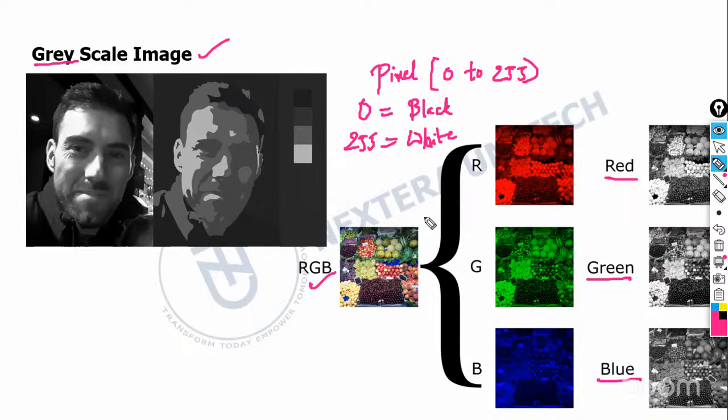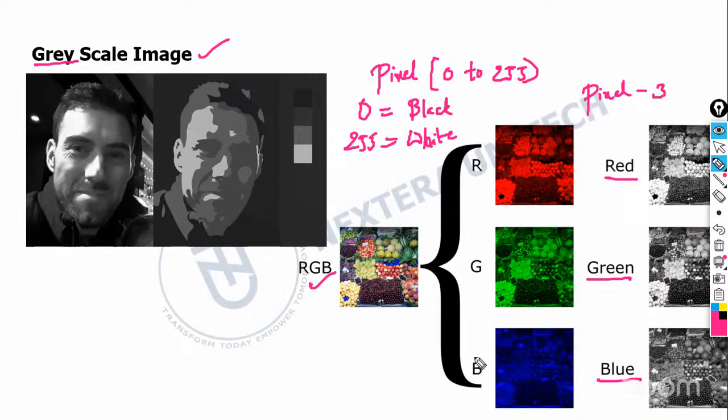Each pixel has 3 values. Within this image, you are going to represent the image in the form of pixels. So each pixel will have 3 values, not 1 value. What are the 3 values? This is the order: red, green, and blue.